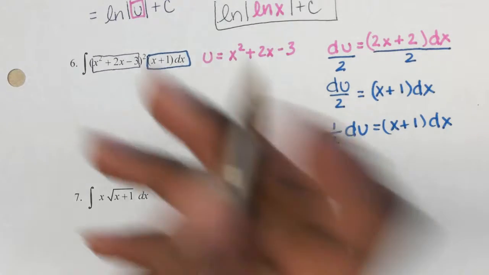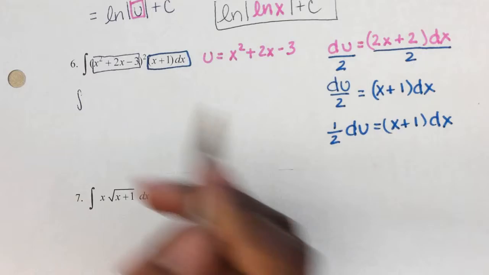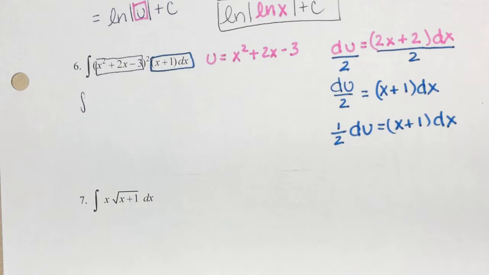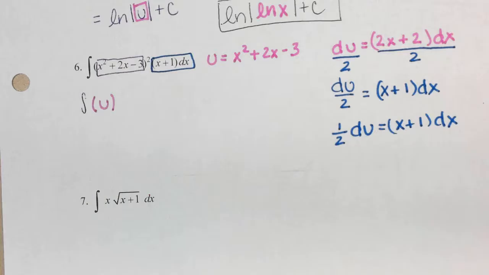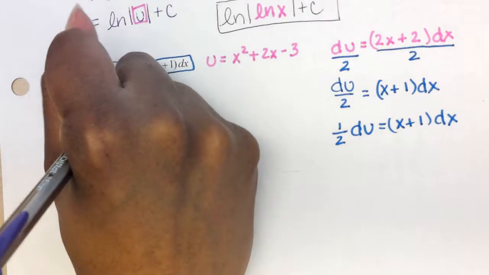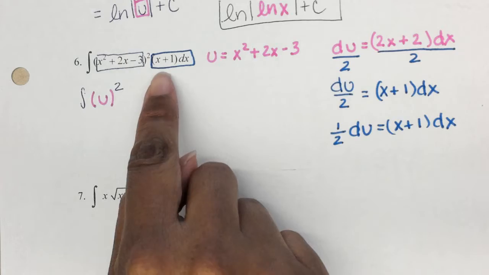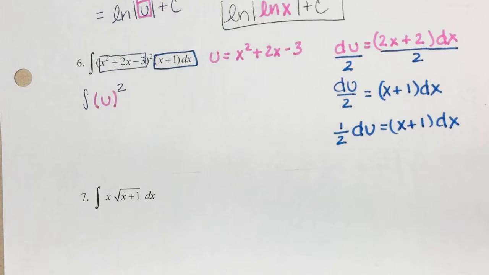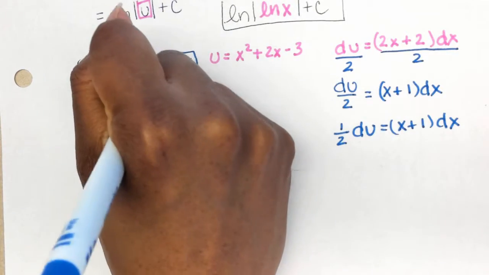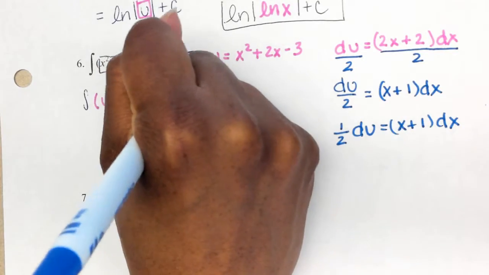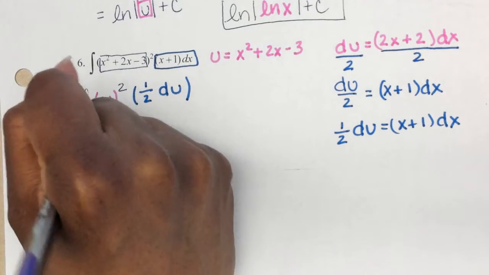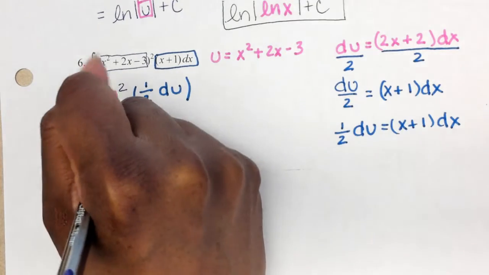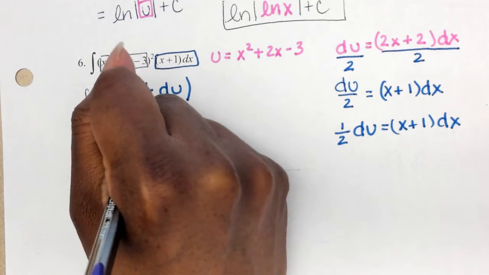So I'm going to rewrite this. So I have u squared, and then x plus 1 dx is just 1/2 du. So I'm just going to rearrange this, and I get 1/2 u squared du.